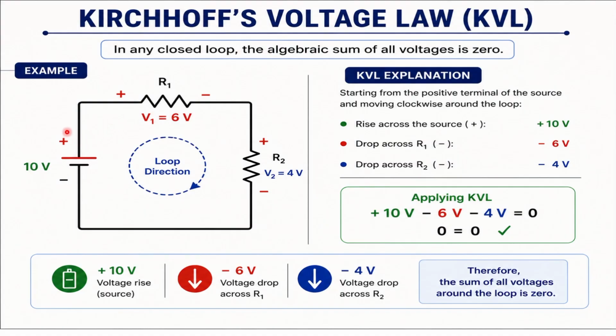Or we are going to take, like what I took in this example, plus 10 volts minus V2 minus V1. So we are going to have plus 10 minus V2 minus V1 equal to 0. So that is the origin of having positive signs and negative signs. So like they said, the algebraic sum.